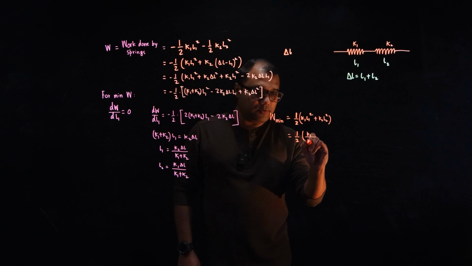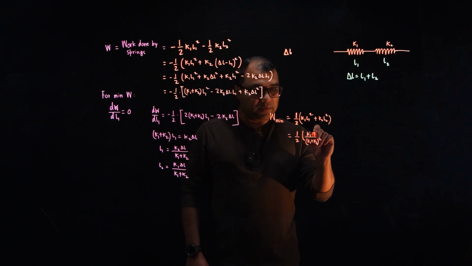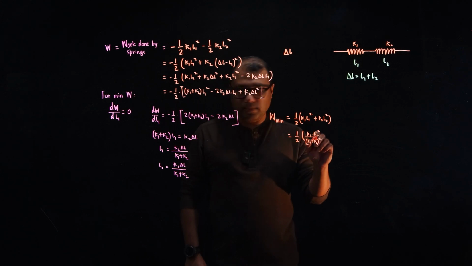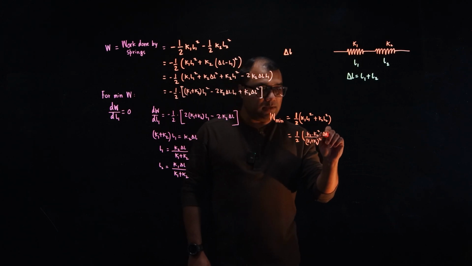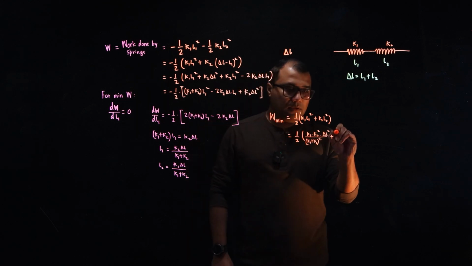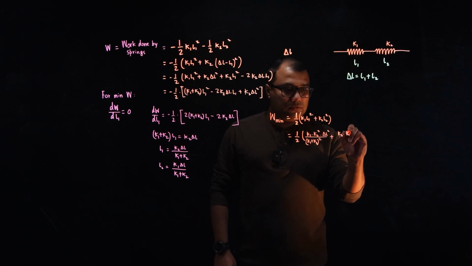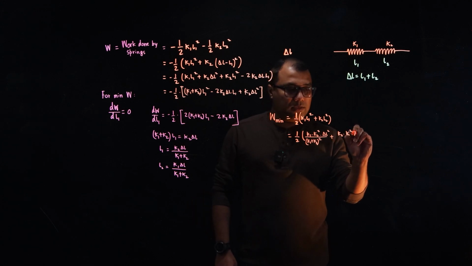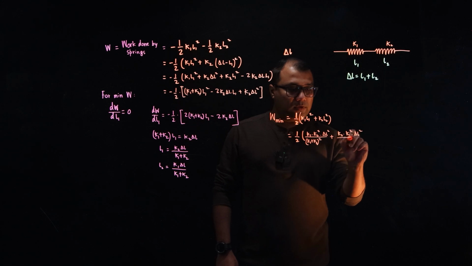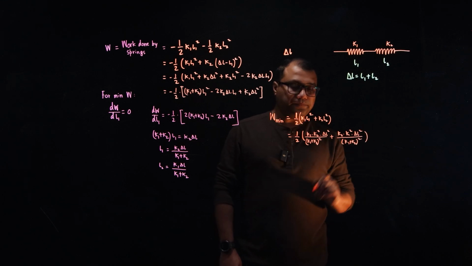So we have K1 plus K2 whole square in the denominator, and this will be K2 square delta L square, plus K2 K1 square delta L square divided by K1 plus K2 whole square.